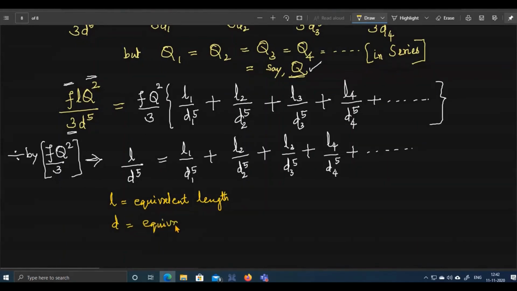These are the length and diameter of what? Of the equivalent pipe.